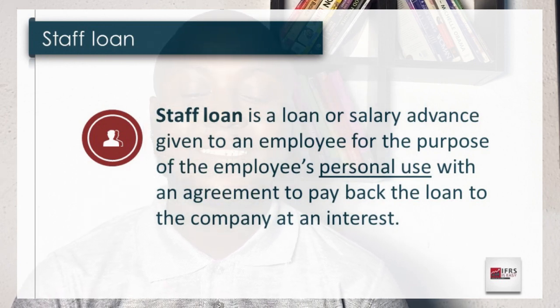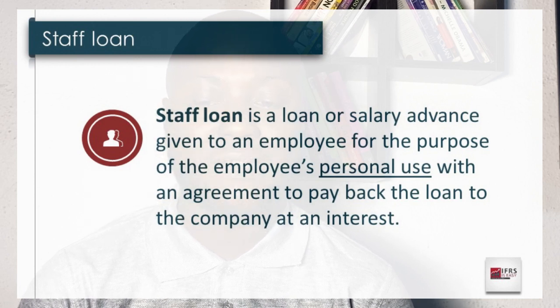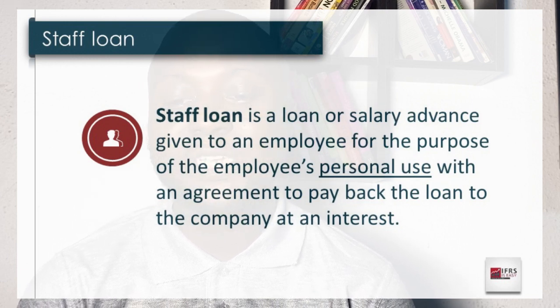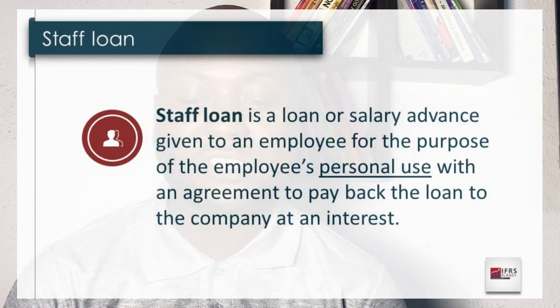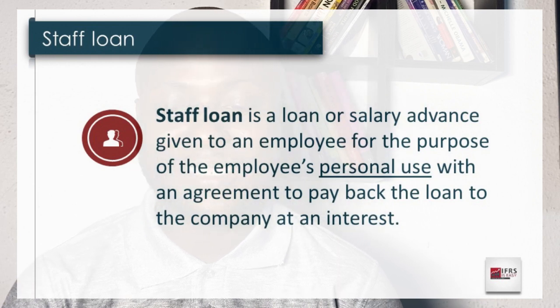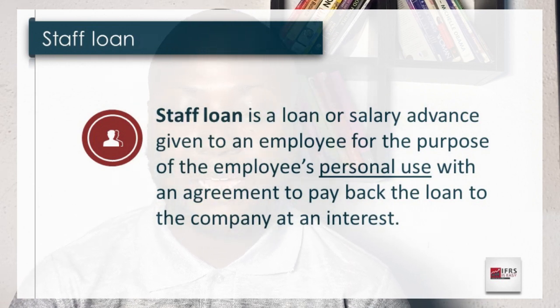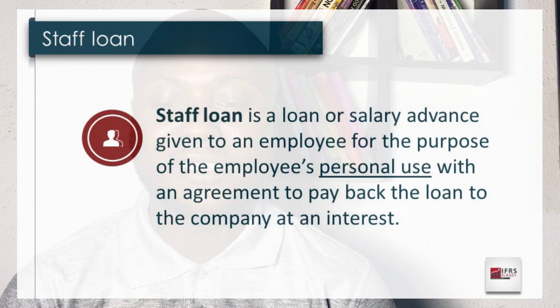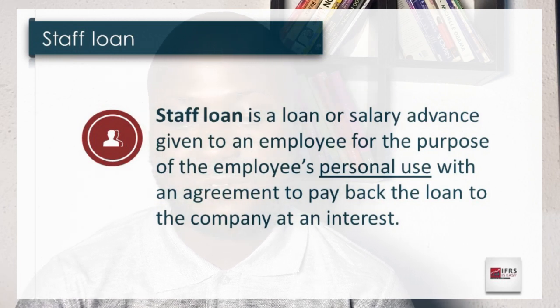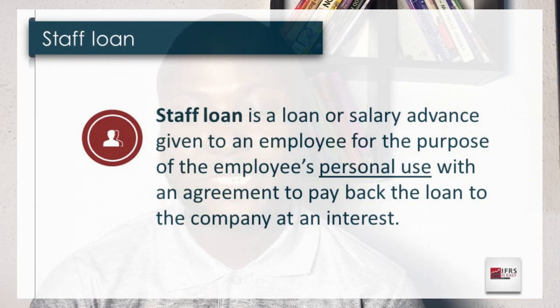The fact that the company gives out cash to its staff does not necessarily mean that the company has given out a loan. The major thing is that the staff is using that cash for personal use. That's the major definition of staff loan.